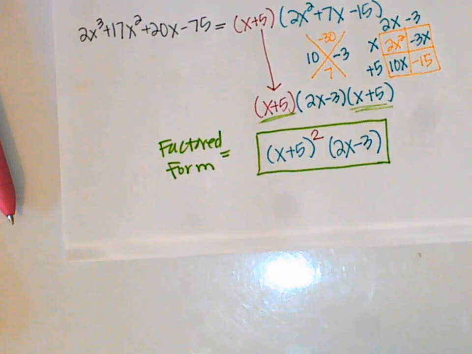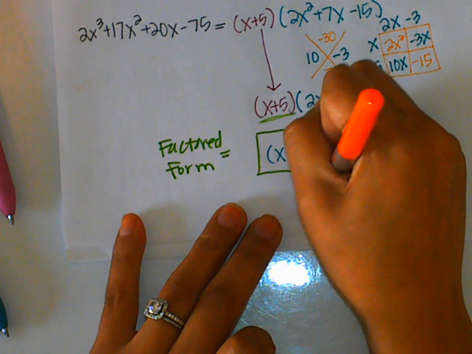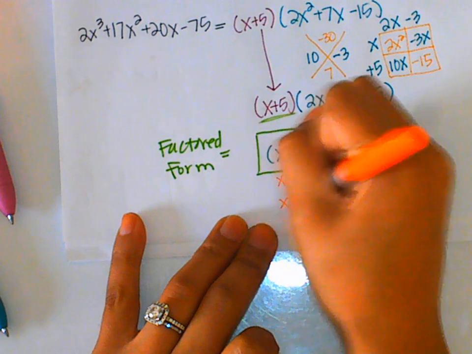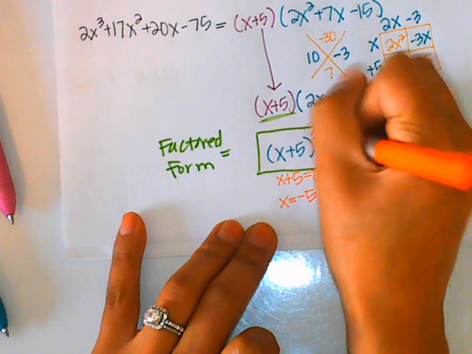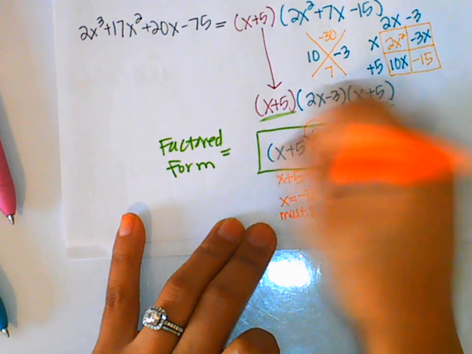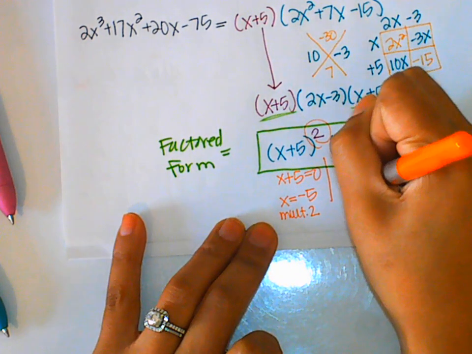We want to go back and we want to use the zero product property to solve. So here I get x plus 5 is equal to 0, so x is equal to negative 5. Remember, multiplicity 2. 2x minus 3 is equal to 0.